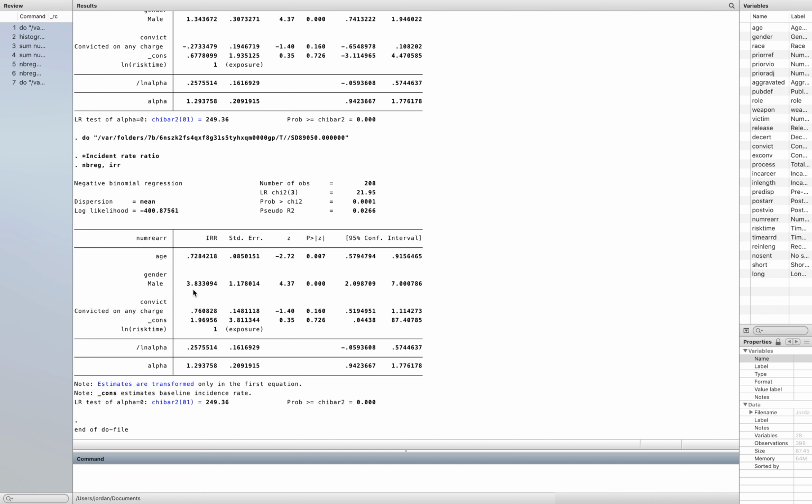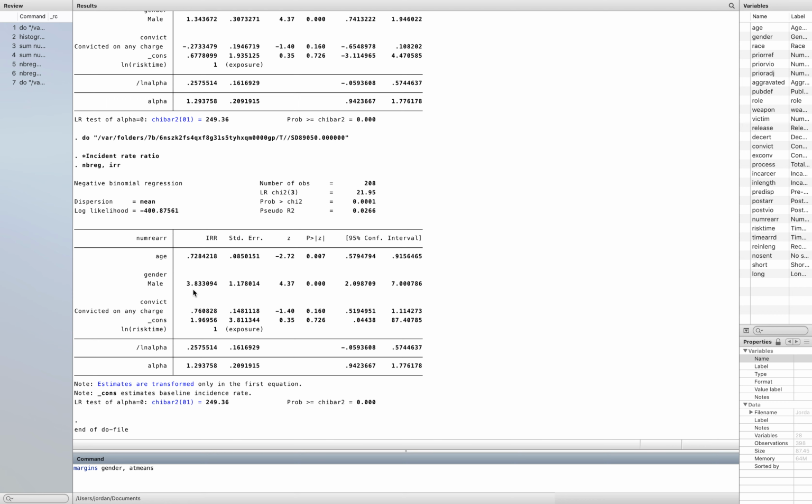So if, for instance, I want to look at the rate of rearrest for males versus females, you run margins, gender, keeping everything held at its means.